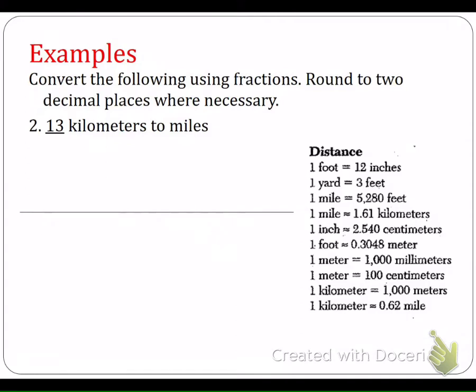The next one, what are the 2 things we're talking about? Okay, kilometers and miles. Which one do you want to put on top? Miles, okay. So I'll do miles over kilometers each time. All right, so how many miles and how many kilometers do we get from over here?